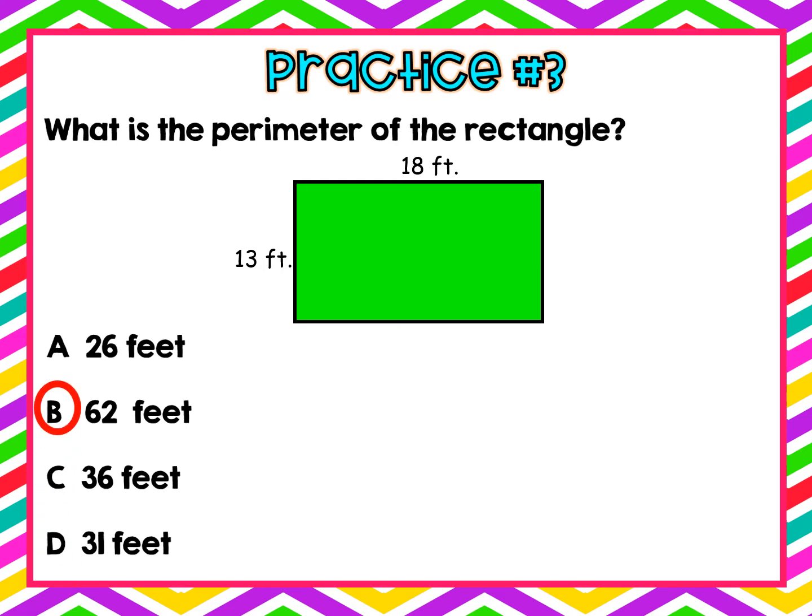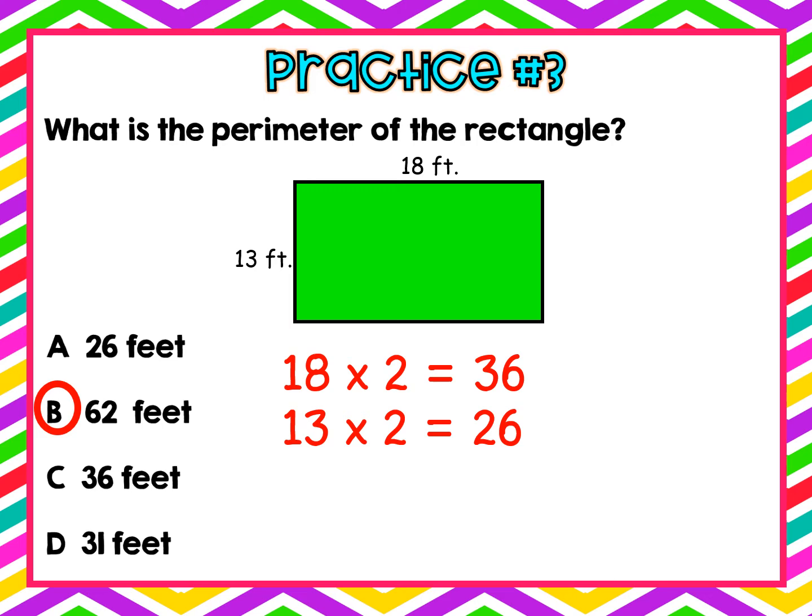The perimeter of the rectangle is 62 feet because 18 times 2 is 36, 13 times 2 is 26, and 36 plus 26 equals 62.